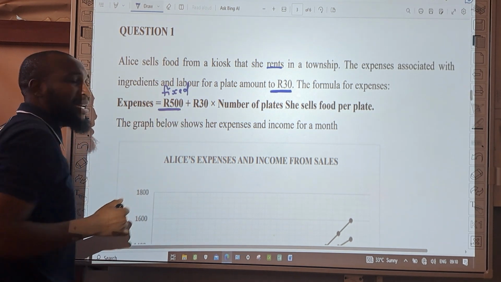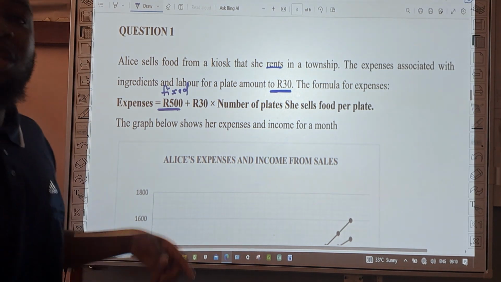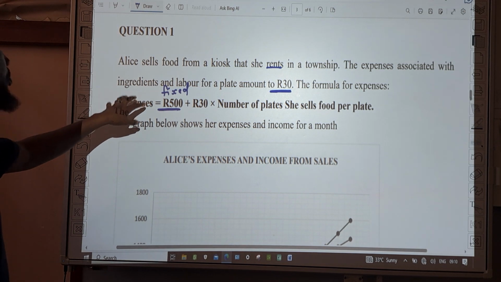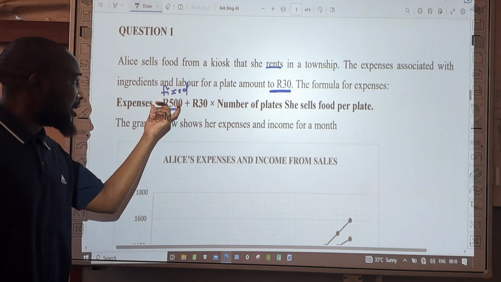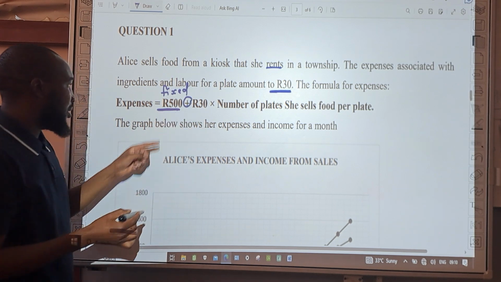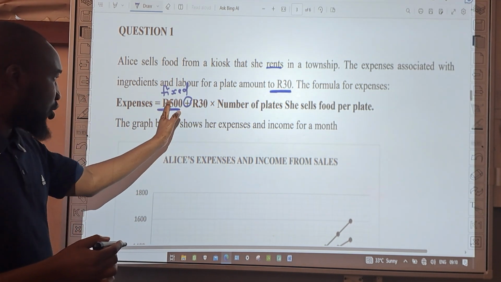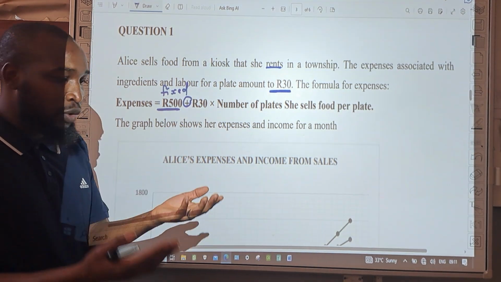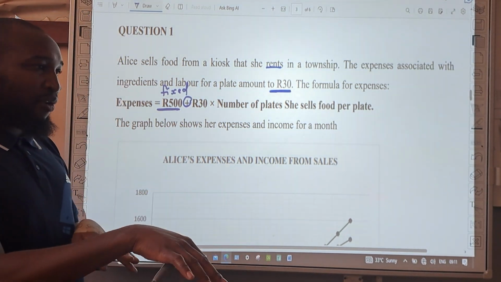This one, the 500 rands. So please note, if you happen to be given a formula that says expense equals to, so this first part of the equation before the plus sign, the 500 plus, this one is your fixed expenses. Then this one is the variable one that you will make based on the number of plates that you sell.